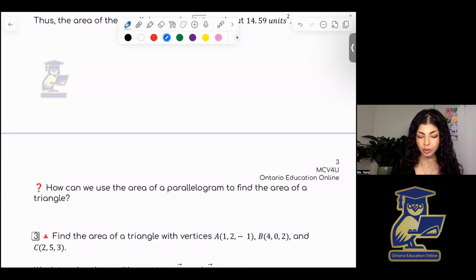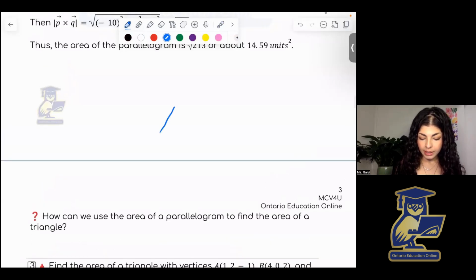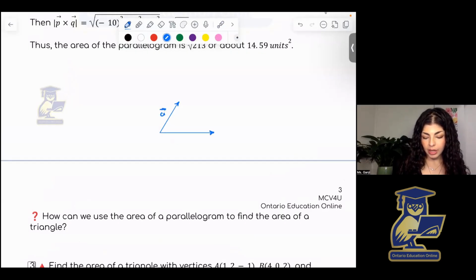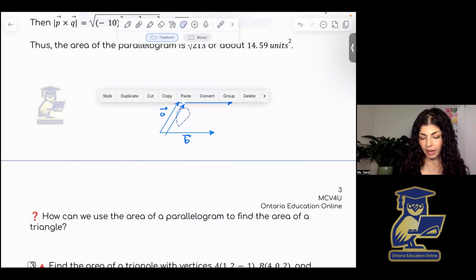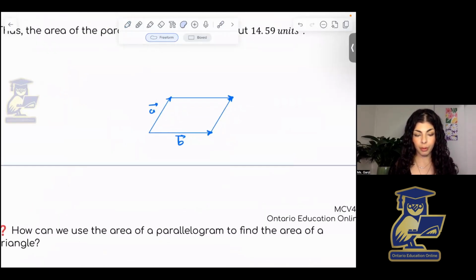So consider a triangle, and it is formed by, a parallelogram actually, starting with, let's say this is vector A, and this is vector B. And now I can copy this, and then copy this, and I have the parallelogram formed.